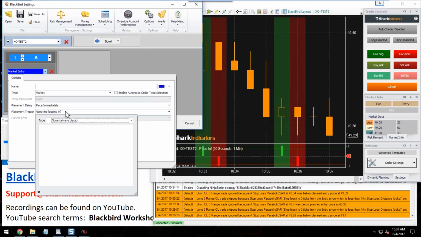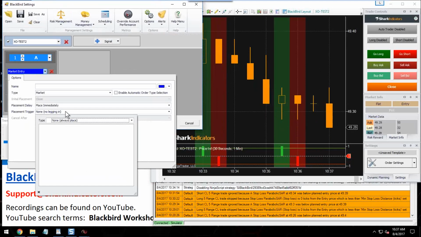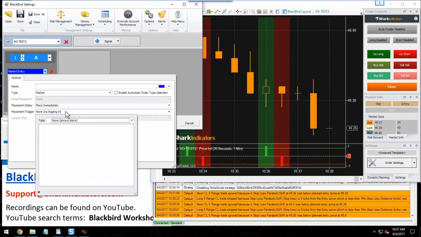This is one of the new options with the scaling in, which allows the scaling in, but it also allows you to apply some additional conditions before getting into the trade or executing the entry order.